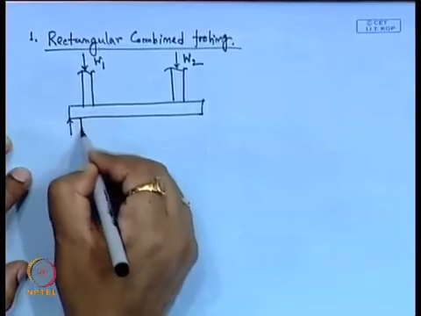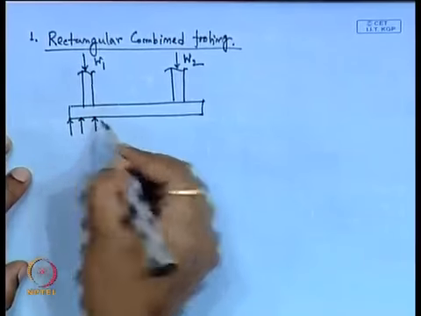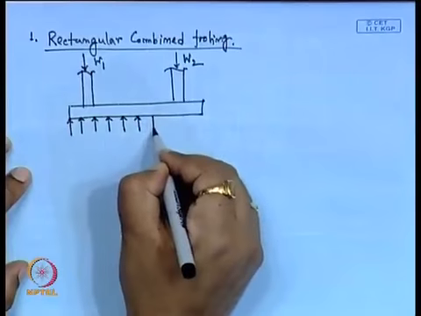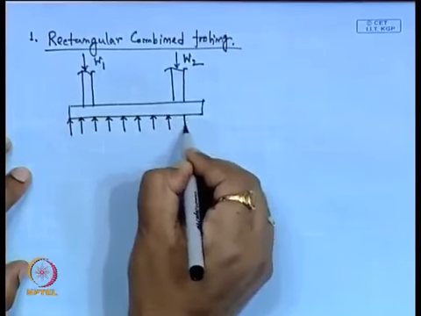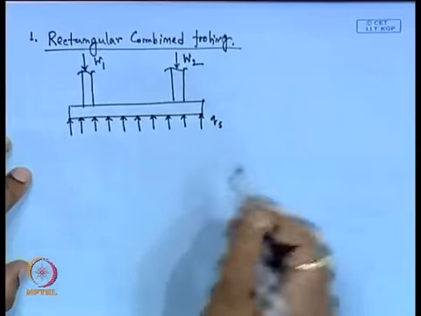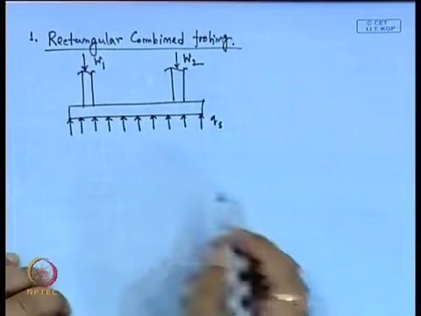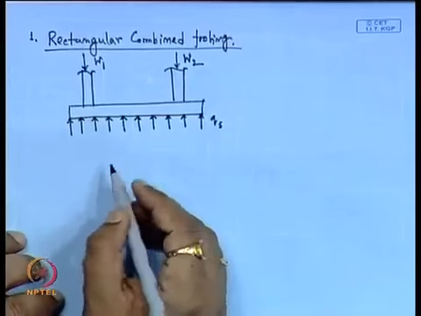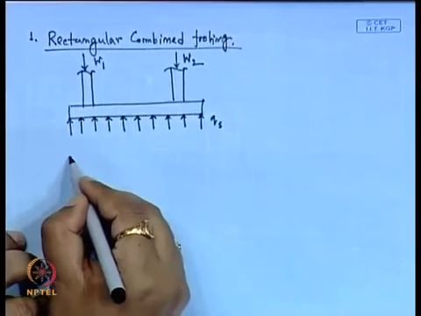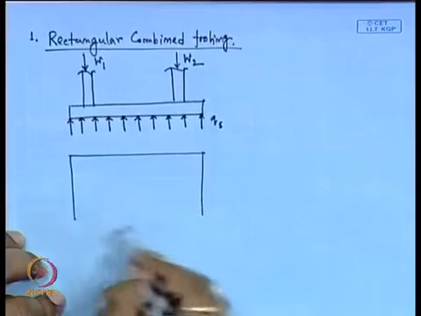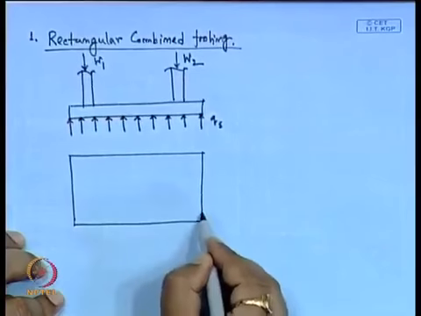This is the bearing pressure, the upward reaction of the soil acting at the base of the footing. Here, this is the ultimate net bearing capacity of the soil, and this is the dimension that we have to choose for this combined footing.